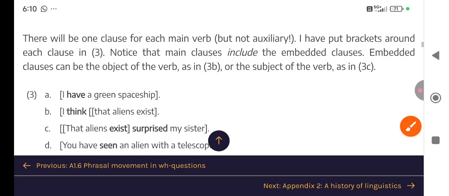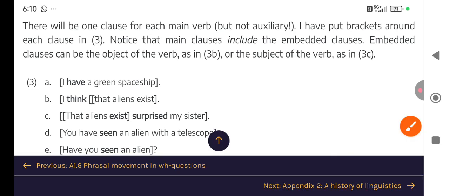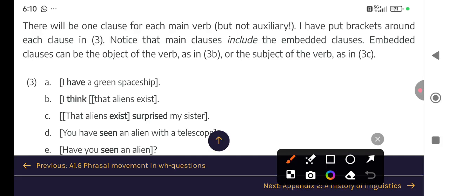How? There will be one clause for each main verb. Important. In a sentence, there will be one clause for each main verb, right? But not auxiliary. I have put brackets around each clause in 3.